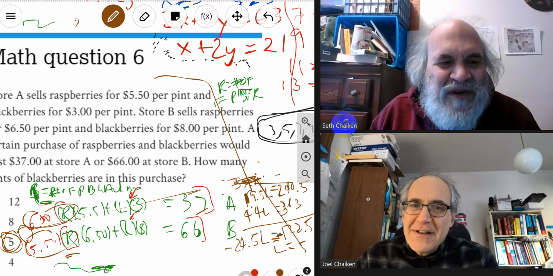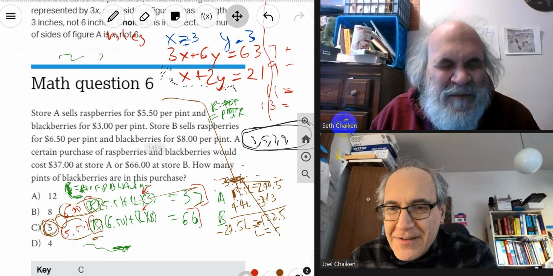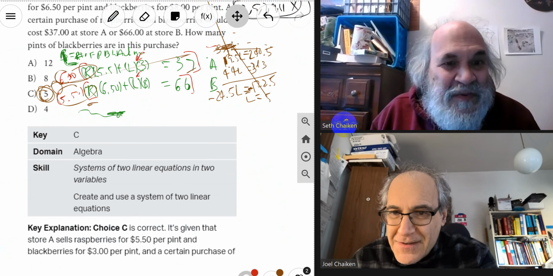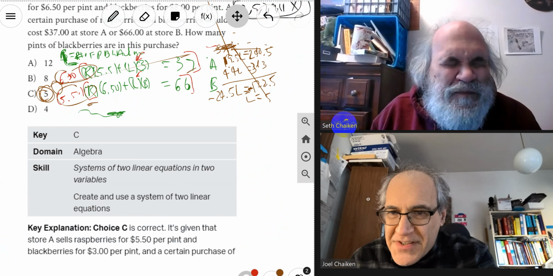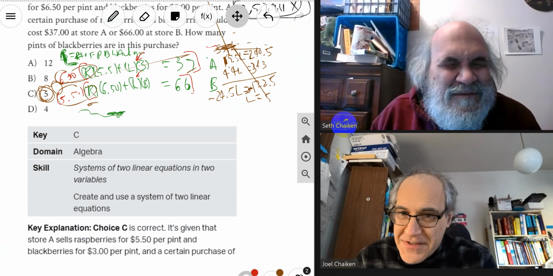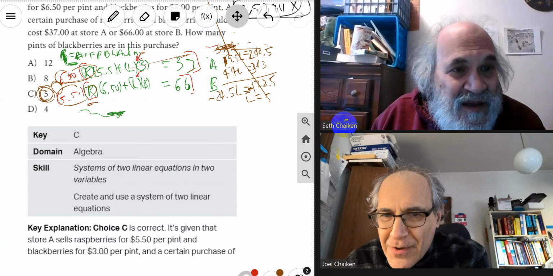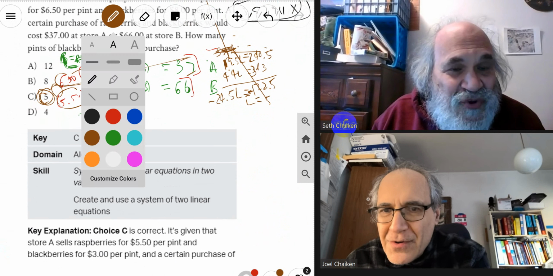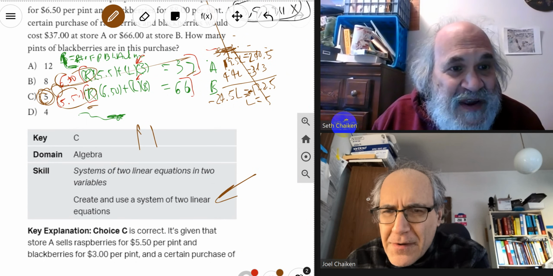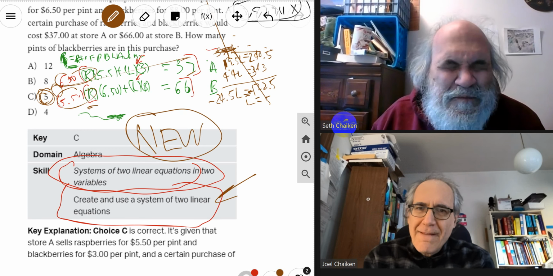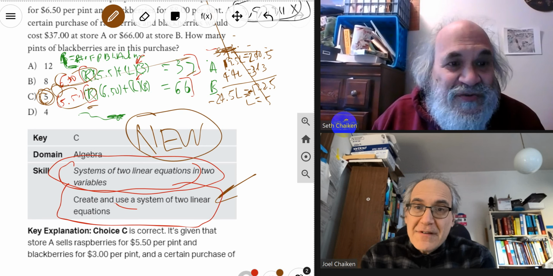Systems of two linear equations in two variables: create the system and solve them. Part of the curriculum.